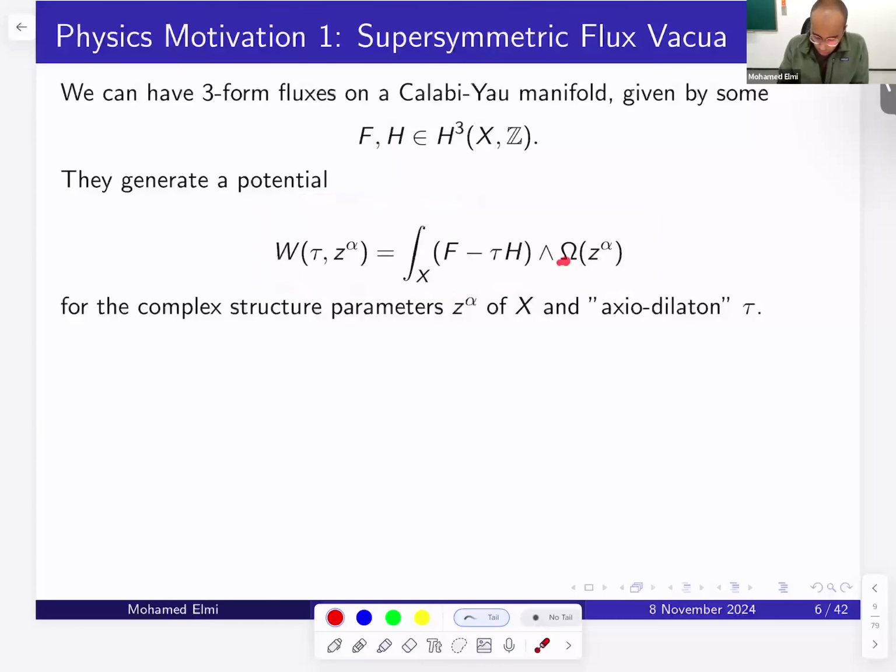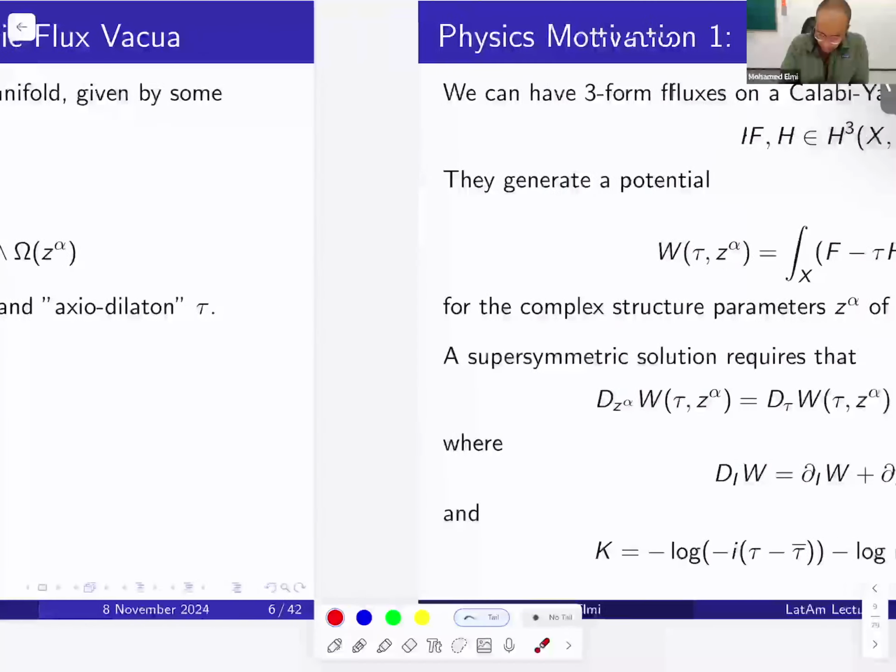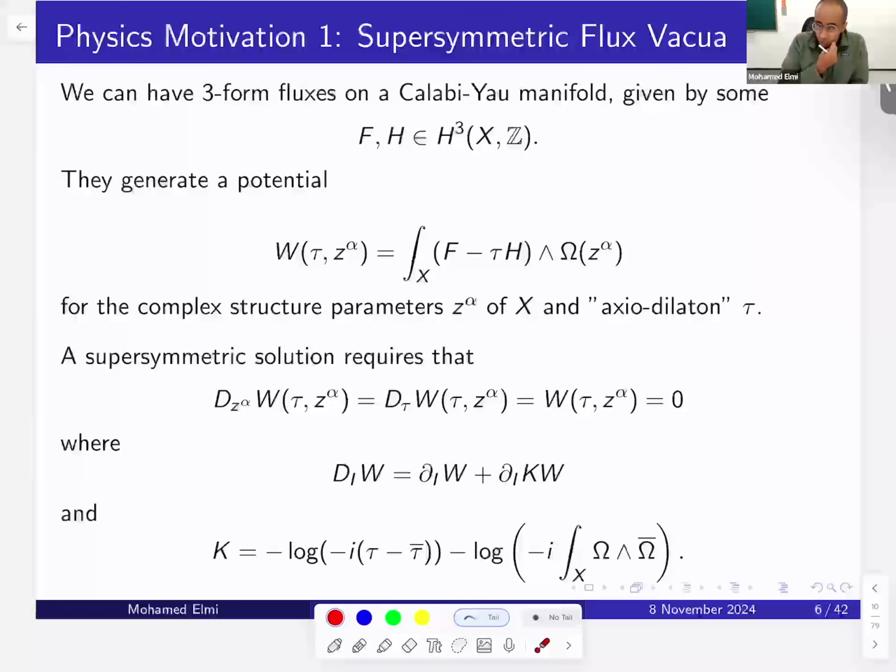And it's this potential here. What you do is you take your holomorphic three form, you integrate it against your choice of fluxes, and there's some axio-dilaton that appears in this story, this tau. And for there to be a supersymmetric solution, this Z alpha, your complex structure parameters, and the vev of this axio-dilaton have to be at a critical point, a critical zero of this potential.